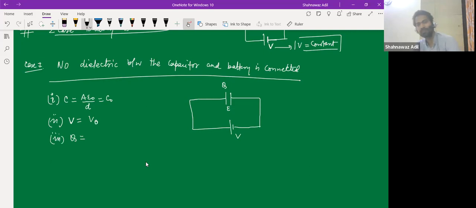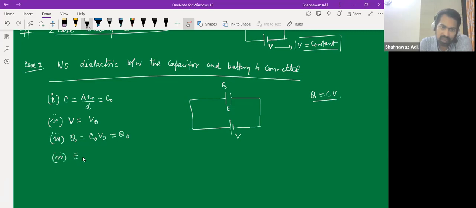What would be the charge? Q is CV, so this is C naught V naught, let us say Q naught. And then the fourth is the electric field. The electric field is V by D, which is V naught by D, let's say E naught.